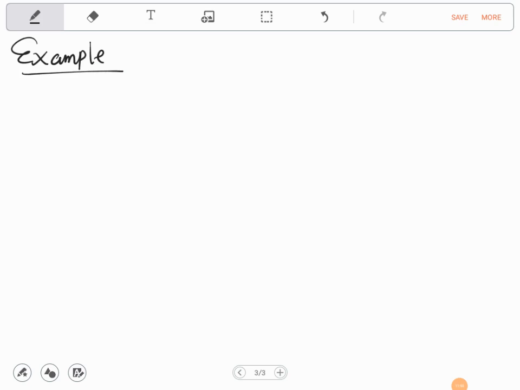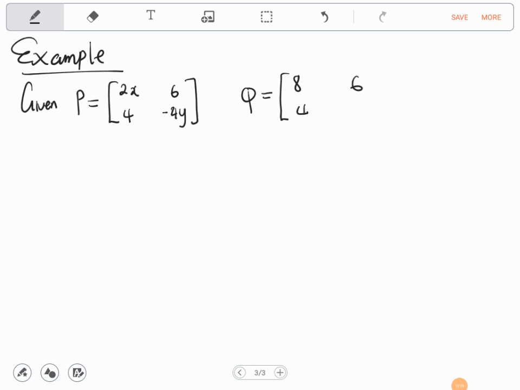So if, let's say, given that P is equal to 2x, 6, 4, negative 4y, and Q is equal to 8, 6, I maintain my 4 there, and I'll put my 12 here. Find x and y if P is equal to Q.